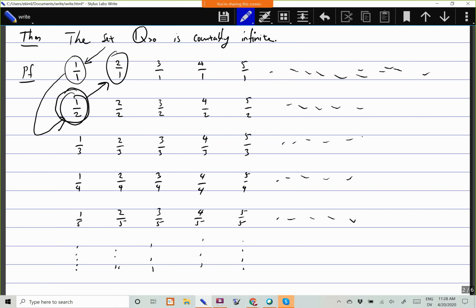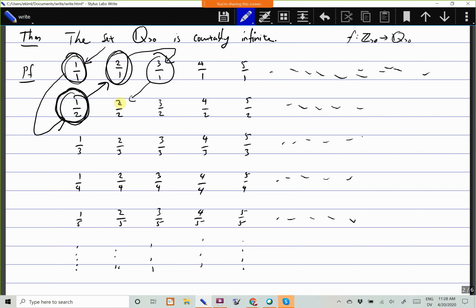So I'm telling you my function, I'm trying to get you to this idea of this function f from the set of positive integers to this set. And what I'm saying is that first circled thing is my f of 1. So f of 2 is 1/2 and f of 3 is 2, or 2 over 1. Then moving over, there's f of 4.